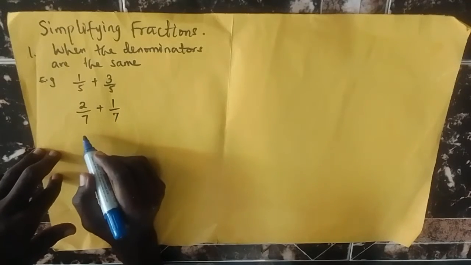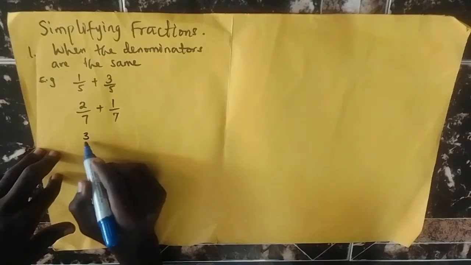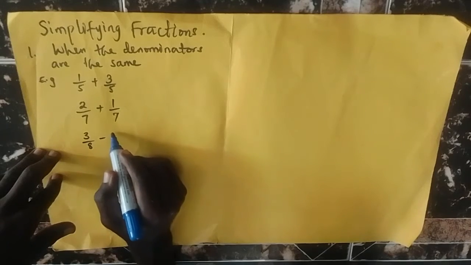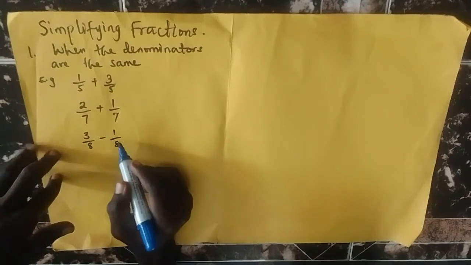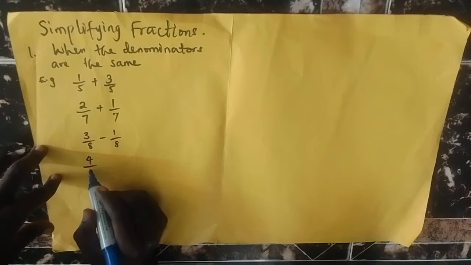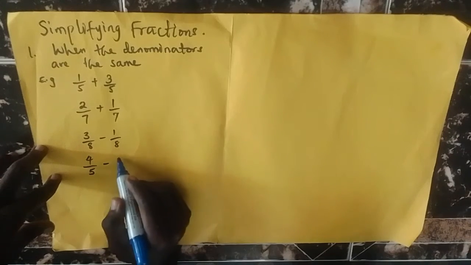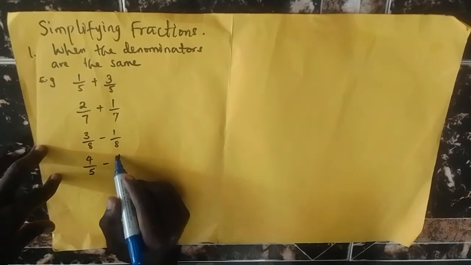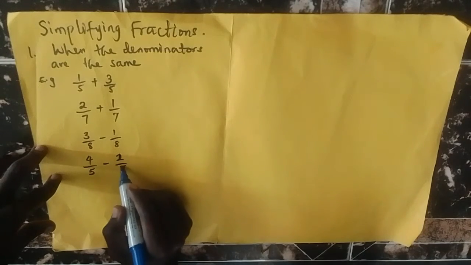We can have 3 over 8 minus 1 over 8. Then we can have 4 over 5 minus maybe let's just say 2 over 5.